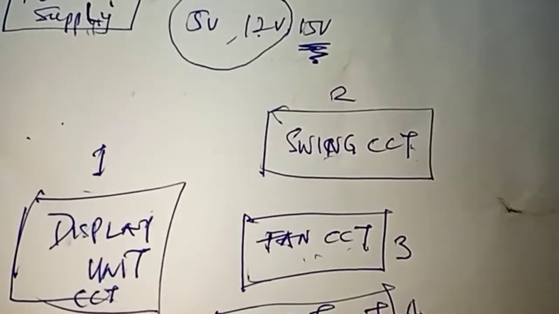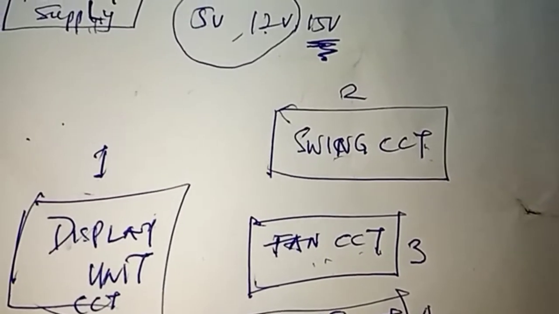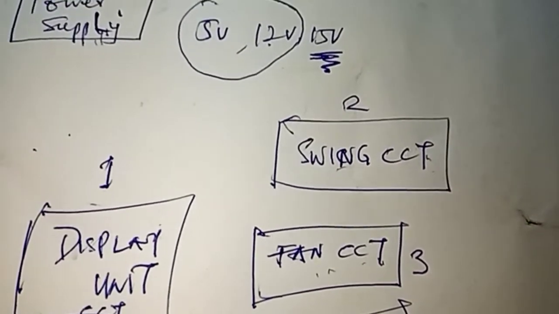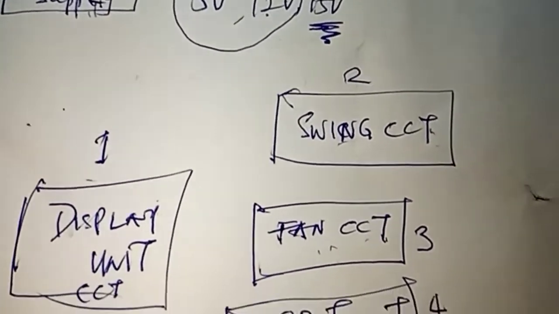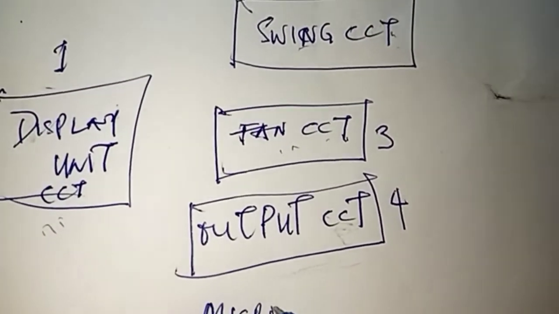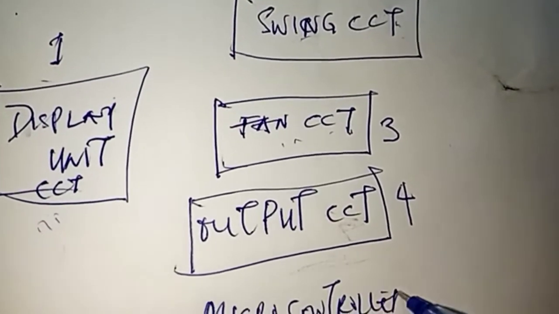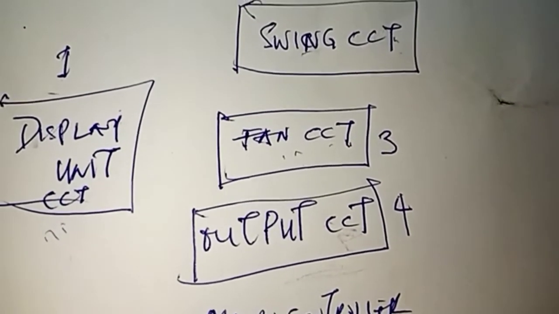Ordinary ICs can easily do that also, but it would take more complex work, so they go for a microcontroller. So they bring in a microcontroller section, a microcontroller circuit.